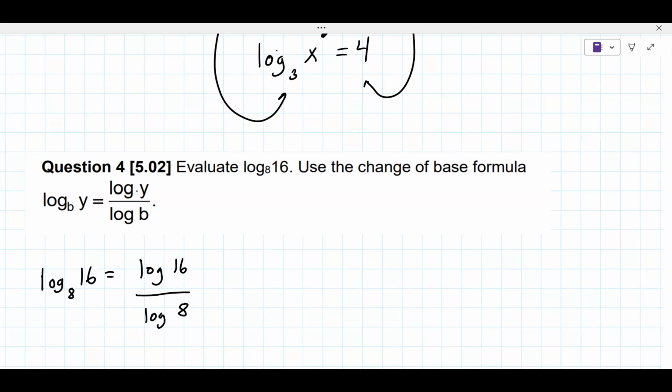Well, actually, I guess it is implied. I'm trying to think about this. So the way this works is 16 can be written as 2 to some power, and 8 can be written as 2 to some power.